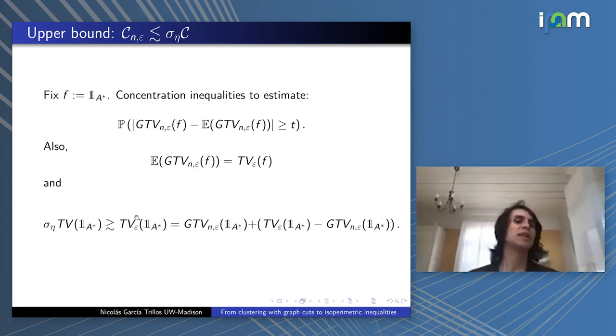So that's a little bit of analysis that essentially says that these local quantities upper bound the non-local ones. And then I apply a basic subtract and add back the same thing, and use the concentration inequality to say that this quantity over here plus some error is below the TV for that specific set A star, which is a solution to the problem.